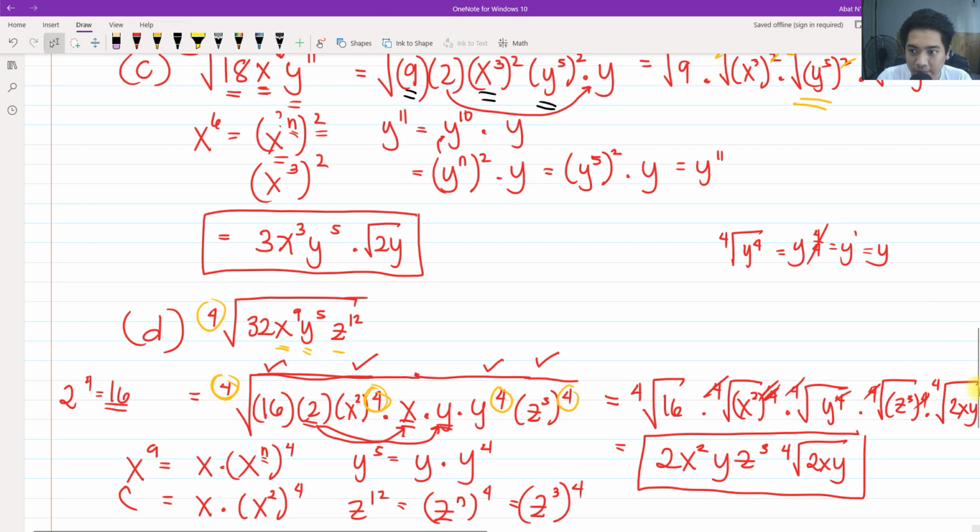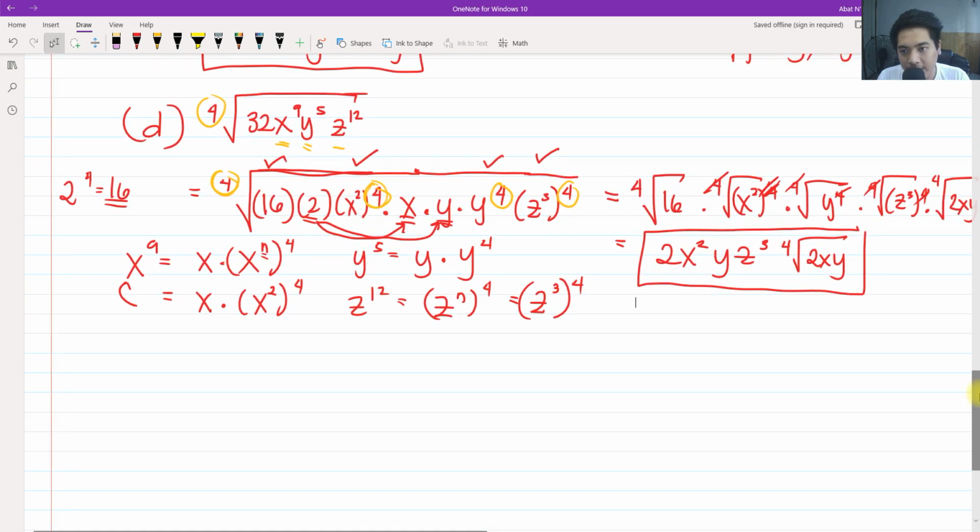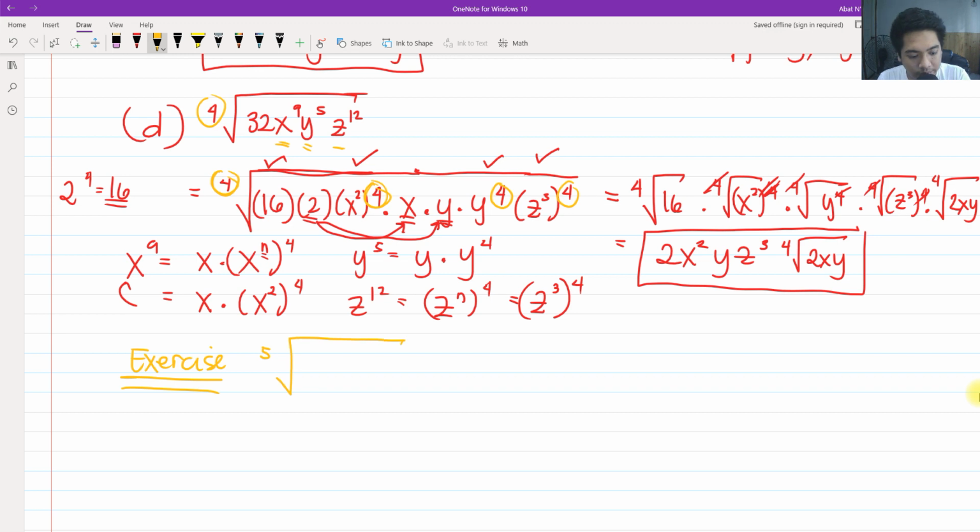I know this is very basic, but it's very much needed in the study of higher mathematics. So let me leave you with an exercise. That's the fifth root of x raised to 12, y raised to 4, z raised to 24.